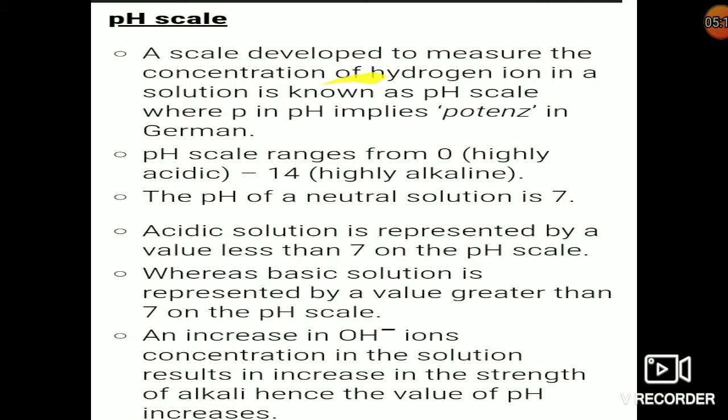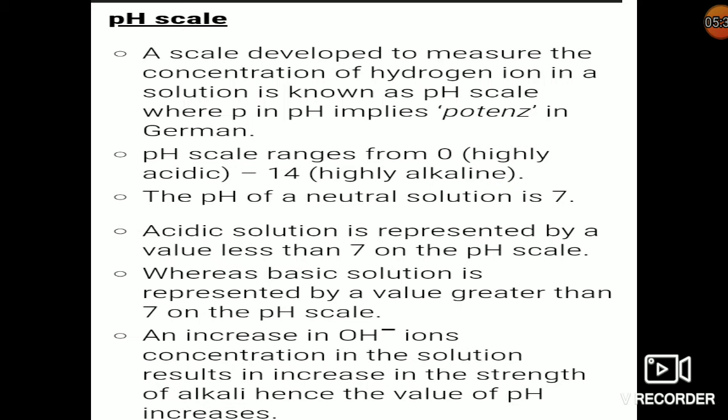Here are some more facts about the pH scale. A scale developed to measure the concentration of hydrogen ions in a solution is known as the pH scale, where P implies potenz in German and the meaning of potenz is power. Next, the pH scale ranges from 0 to 14. 0 is for acidic solution, 14 is for strong alkaline solution.